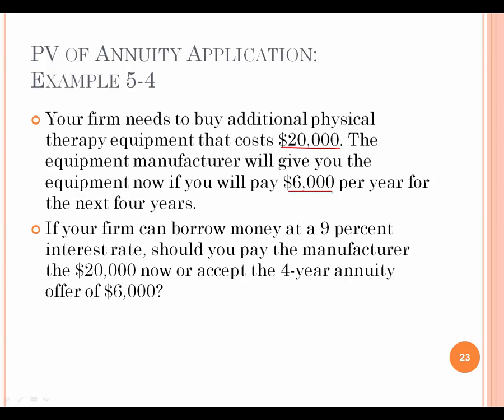And if you can borrow money at 9% interest rate, the question is, should you pay $20,000 now or accept the 4-year annuity offer of $6,000? So either you pay $20,000 now or you pay $6,000 every year for 4 years. Which one is a better deal for you?